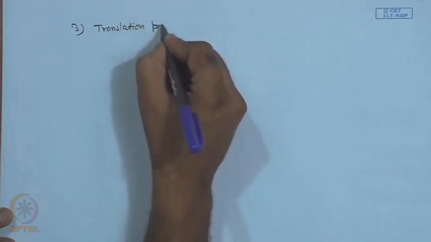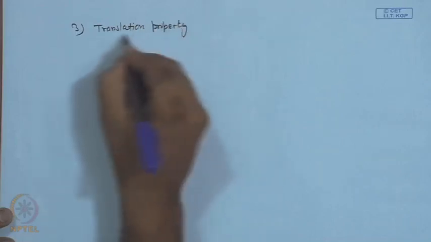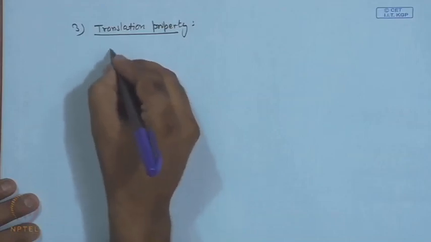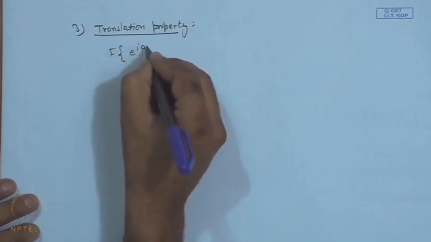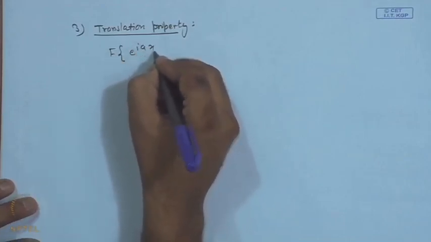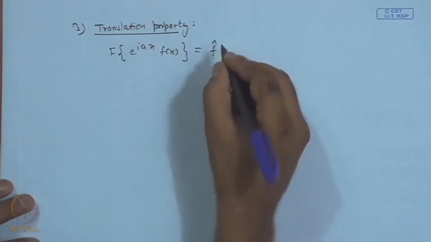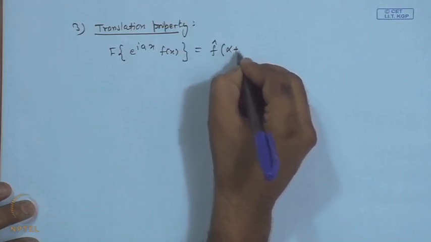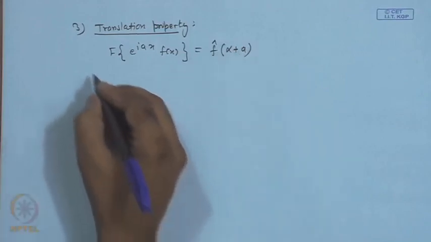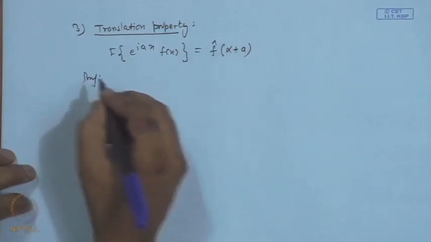Translation property. In this case, the Fourier transform of e^{iax} f(x) will be translated to its Fourier transform. So, alpha will be alpha plus a. The proof is very simple.